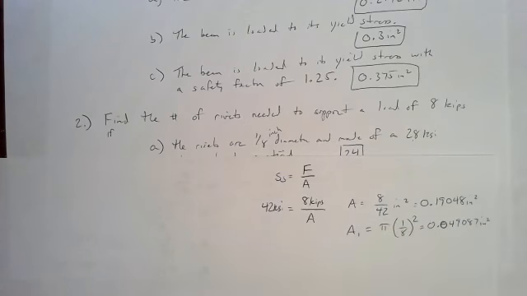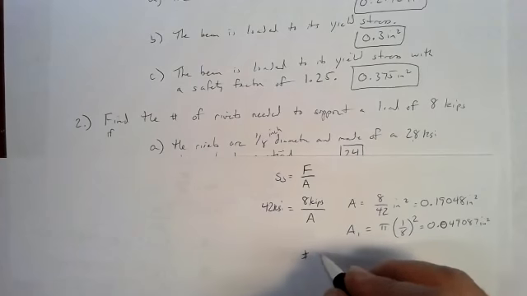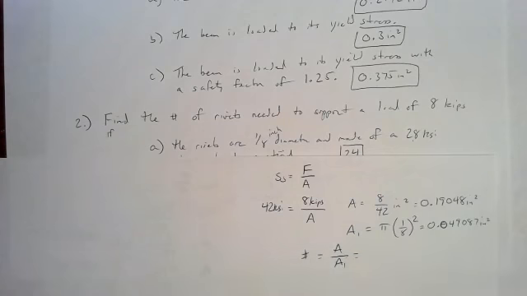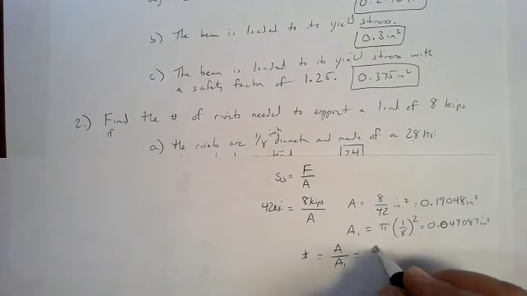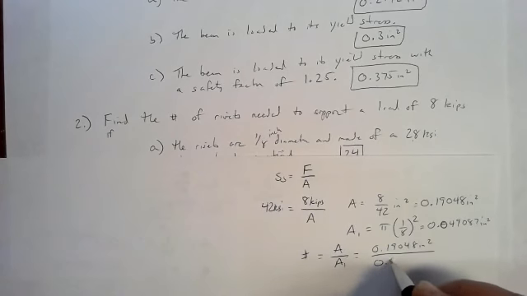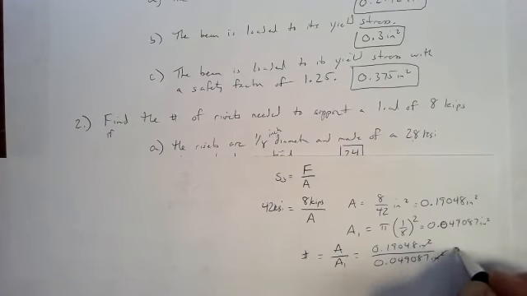The number of rivets is the total area divided by the area of one rivet. So we have 0.19048 square inches that we need. Each rivet's going to contribute 0.049087 square inches.